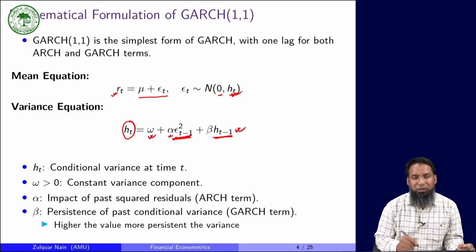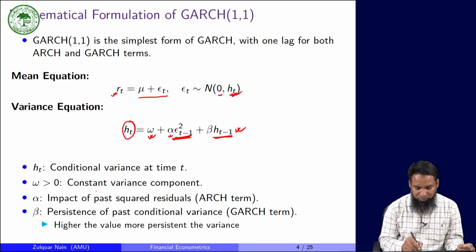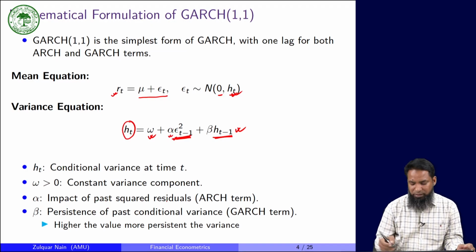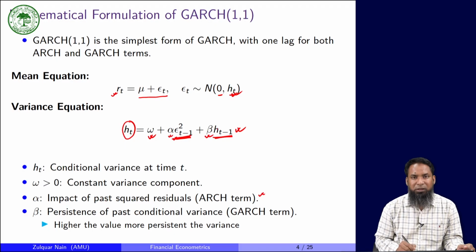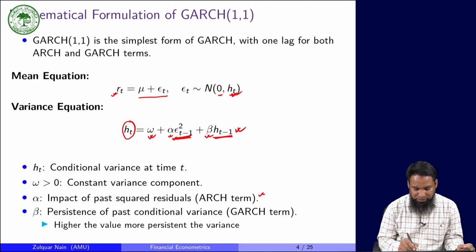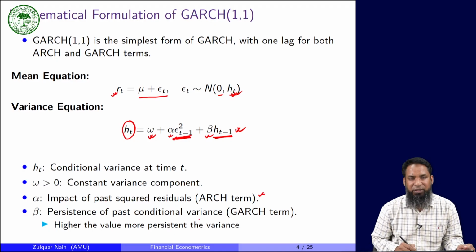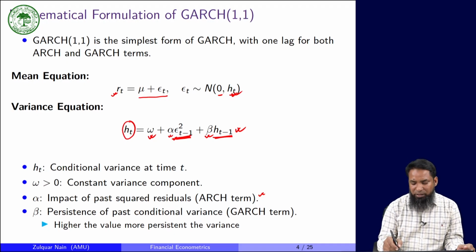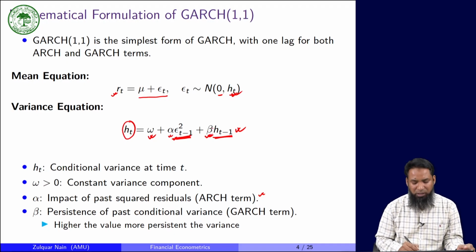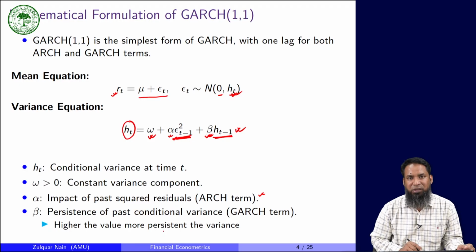Here alpha captures the impact of the past squared residuals, that is the ARCH term. On the other hand, beta captures the persistence of the past conditional variance. The higher the value of beta, the higher the persistence of the variance.